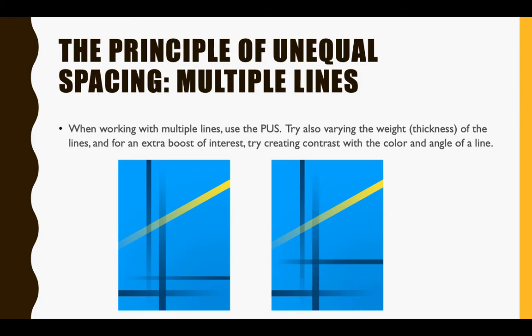Okay, what do you find different about it? Well, you're going to see this is more dynamic because the distance between these and these is different. Here we almost have the same distance here and here, the same distance here, right? So the more that you vary where the lines are and how far they are away from each other, okay?